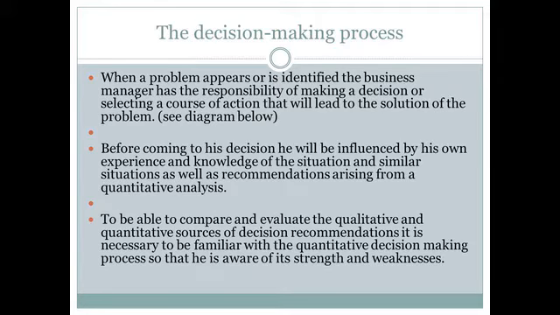In the meanwhile, you can just go through it. There are 2 types of analysis which can influence the decision maker: one is qualitative and one is quantitative. Now what is quantitative and what is qualitative? Let's go to another slide.